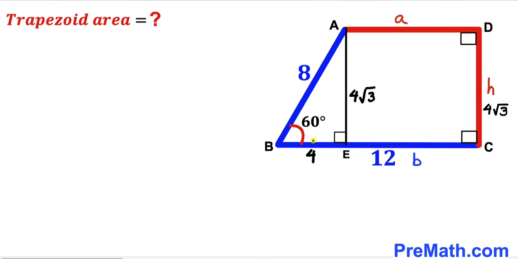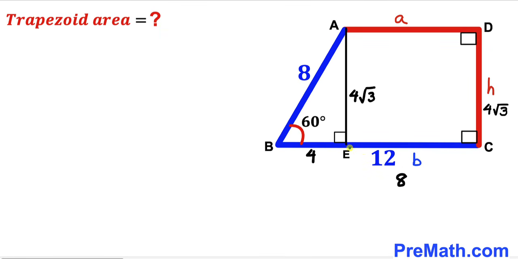Furthermore, we know that the whole base BC is 12 units, and this segment BE is 4 units. So the remaining segment EC has got to be 12 minus 4, which gives us 8 units.